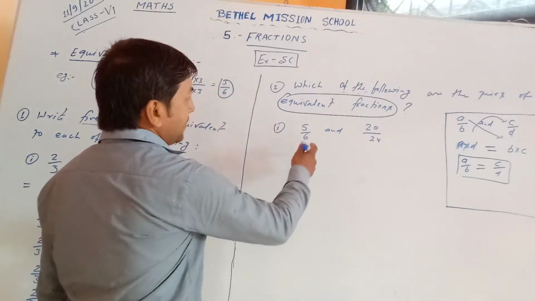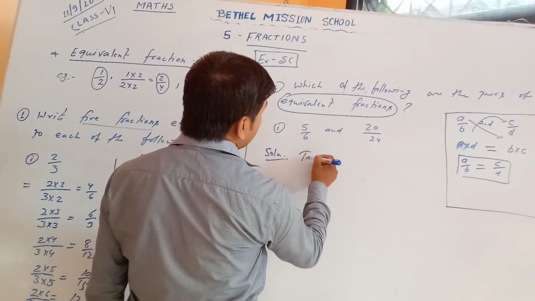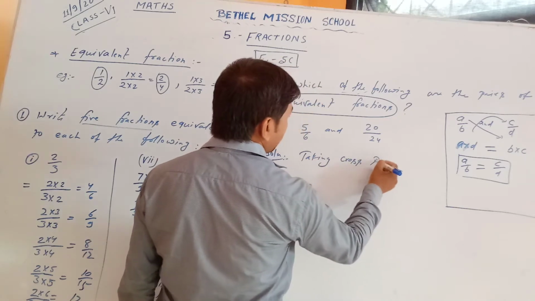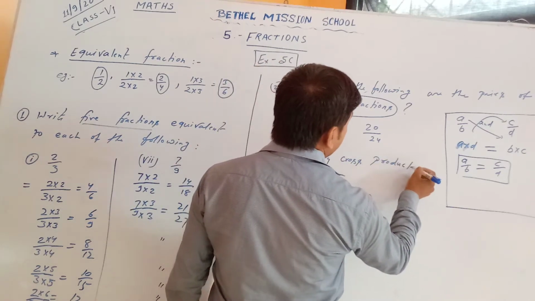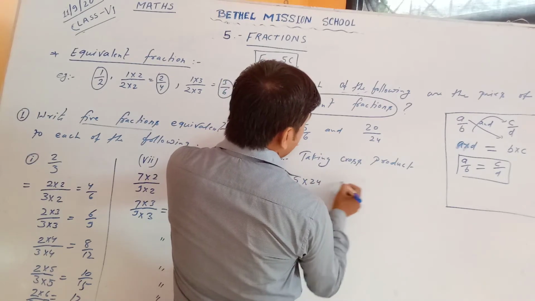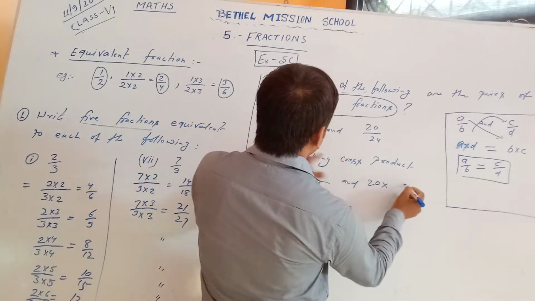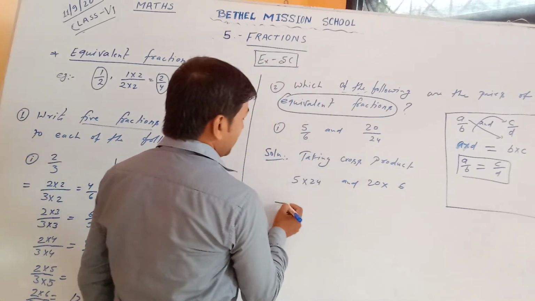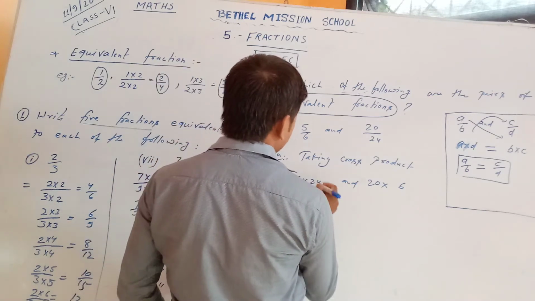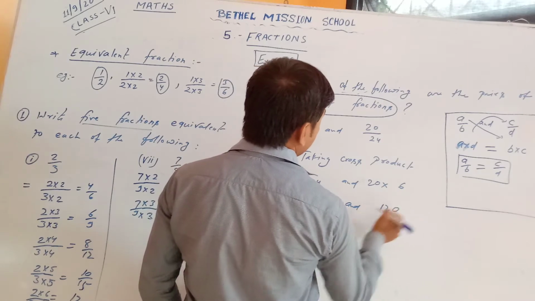Now let us start the solution. First, take the cross product: 5 multiplied by 24 and 20 multiplied by 6. 24 multiplied by 5 is 120, and this one is also 120.